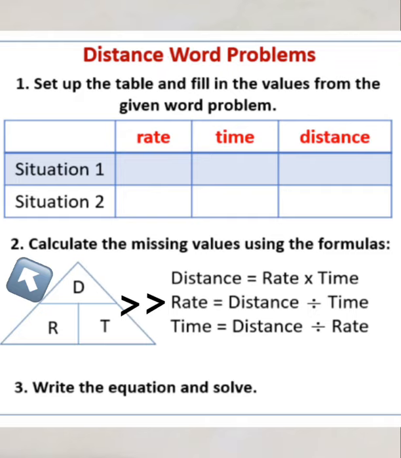For rate, r is equal to d divided by t. For time, t is equal to d divided by r. For the last step, write the equation and solve.